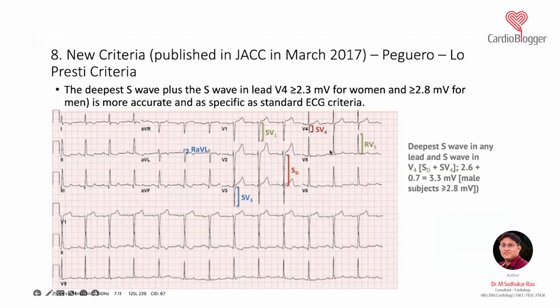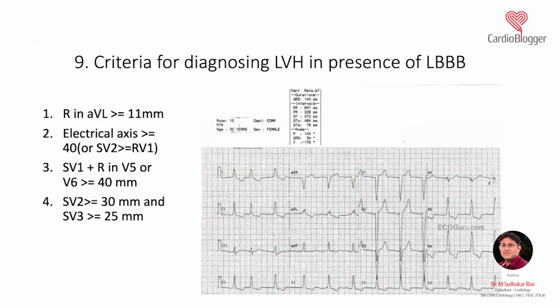If the deepest S wave and S wave in lead V4 is more than 28 millimeter in males and 23 millimeter in females, then it has very high specificity for diagnosing LVH. So you can just remember S in V4 to any deepest S in V1 to V6. If it is more than 28 in males and 23 in females, it is suggestive of left ventricular hypertrophy.